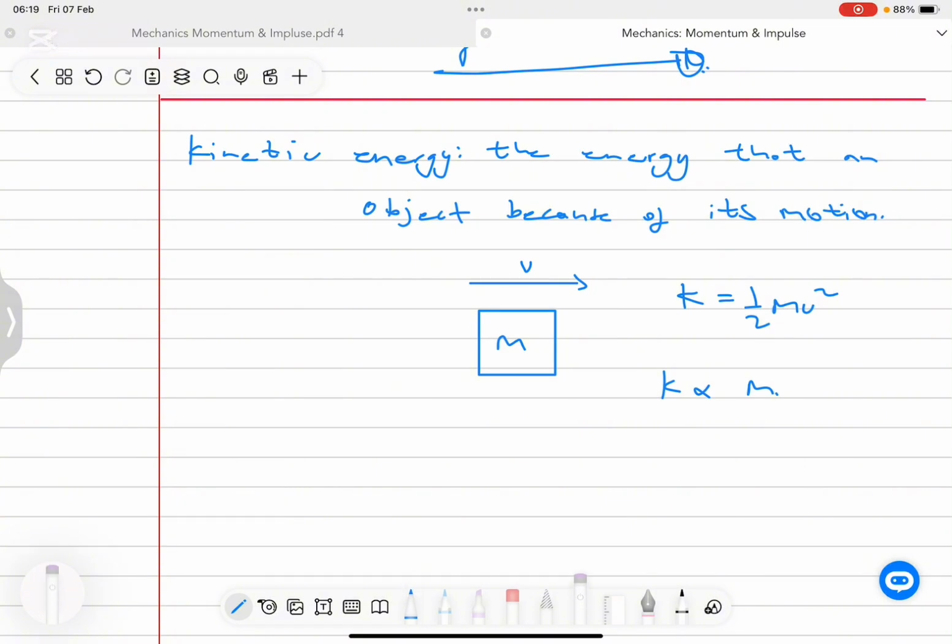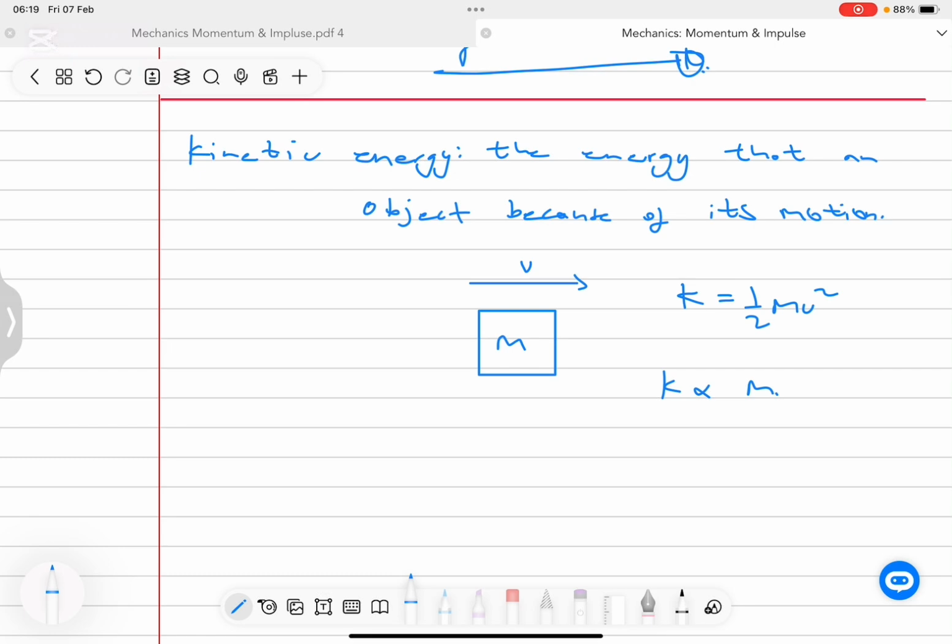The other observation here that we have to see is that if the object moves with a high velocity, so this velocity is much larger, then we're also going to have a bigger kinetic energy. And if the object moves with a smaller velocity, well, not velocity but speed, because the v here stands for speed in the formula, we'll have a smaller kinetic energy as well.